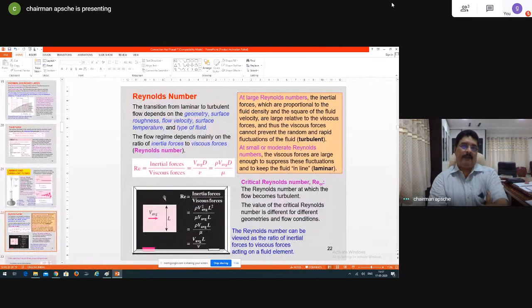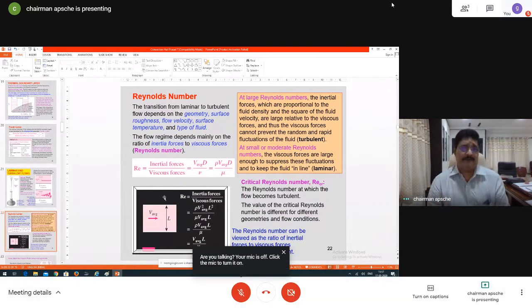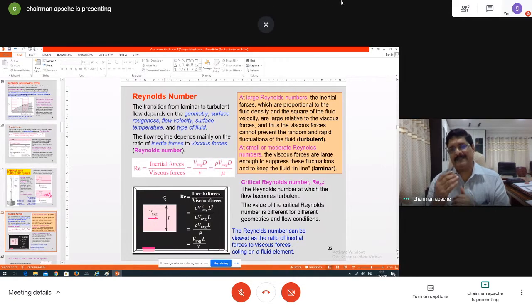Okay. Now, just now I have introduced Nusselt's number in this class. Nusselt's number is the conduction resistance to convection resistance within the fluid. And Reynolds number is talking about the inertial forces to viscous force. It is a ratio of inertial force to viscous force.